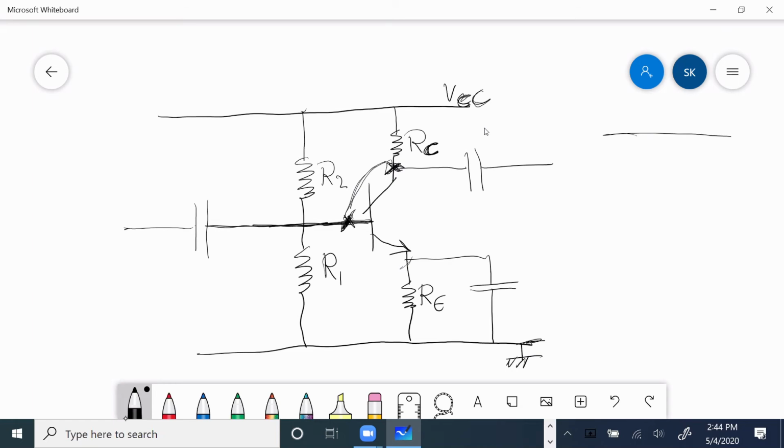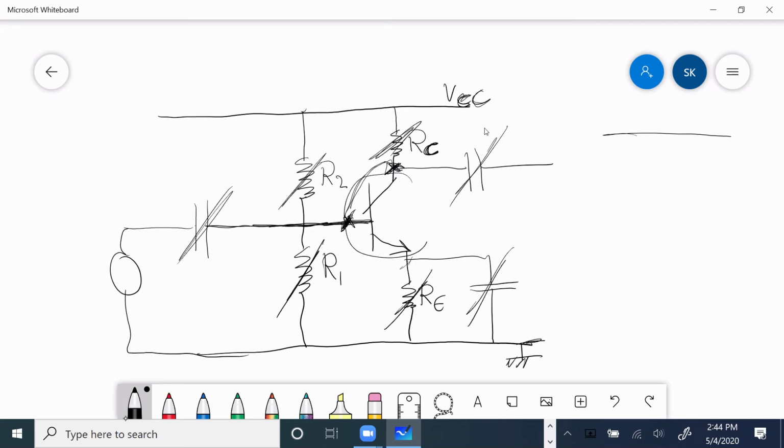So now, by choosing the right R2, R1, RC, and RE, and CE, and CO, and CC, and the transistor actually, by choosing all these components right, I can apply a signal there, and I can receive a signal there.